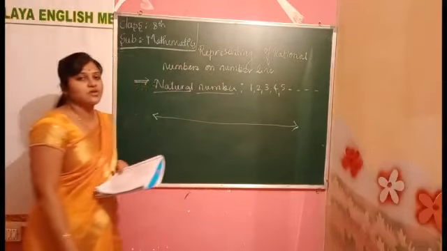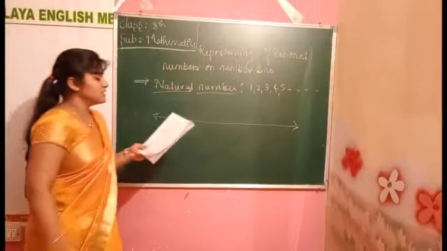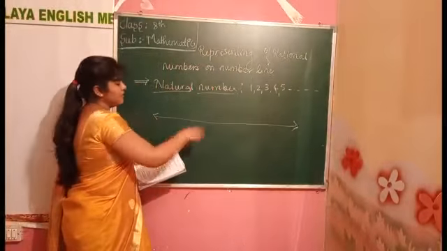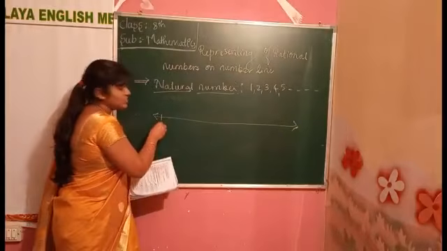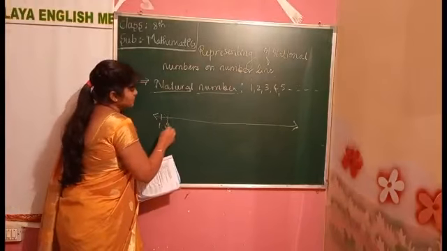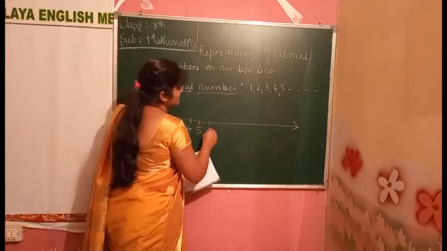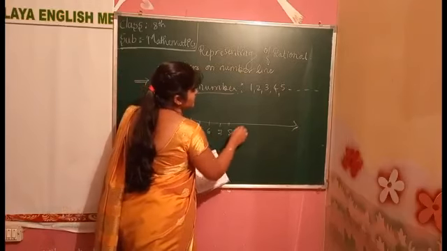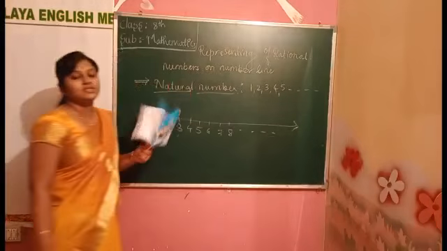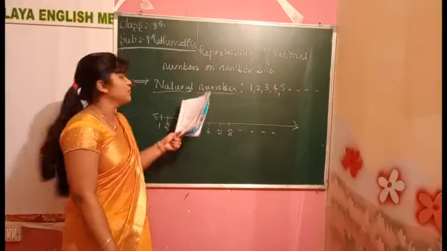So naturally, these numbers we will draw on the number line. It starts from 1, children. It will not start from 0. It will start from 1, 2, 3, 4, 5, 6, 7, 8 and it goes on. This is the number line for natural numbers.